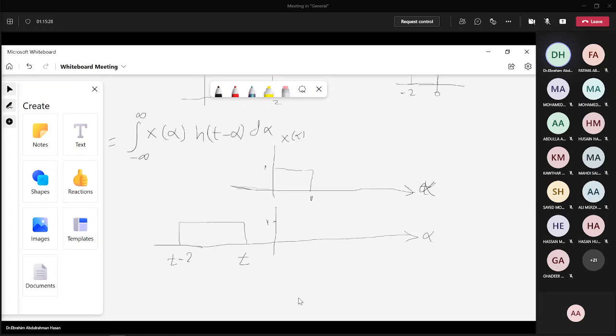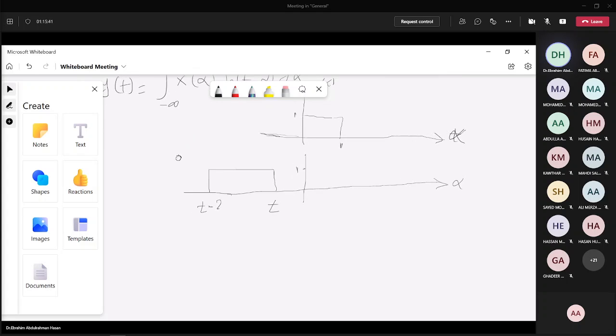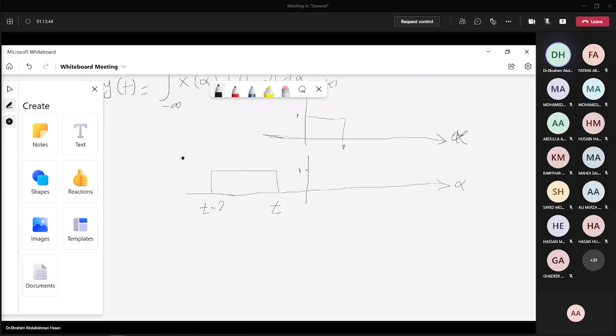Okay, now we apply this formula, so we move this one to the right, multiply it and find the integration, point by point. So when t is less than 0, the multiplication of these two: 0 multiplied by this is equal to 0. And here we have 1, but it is multiplied by 0, so it is equal to 0. So y of t equal to 0.